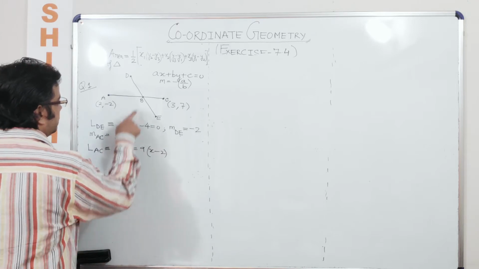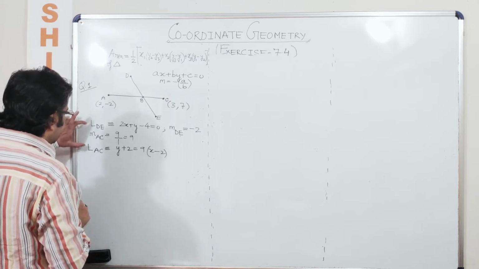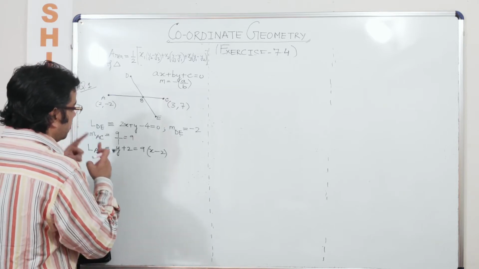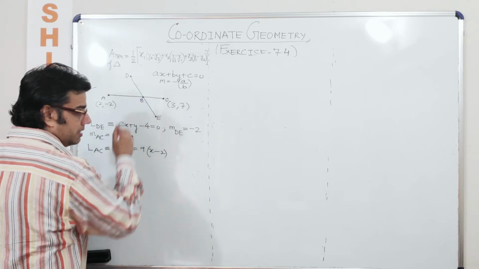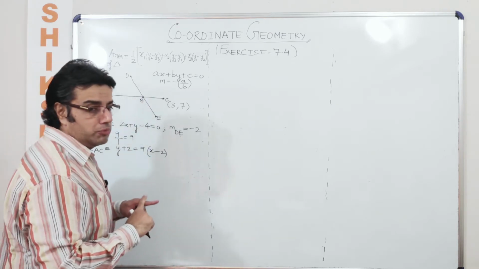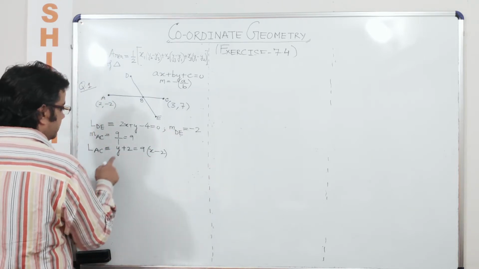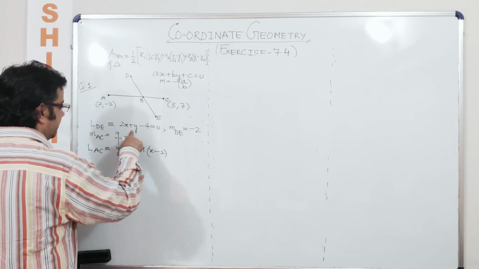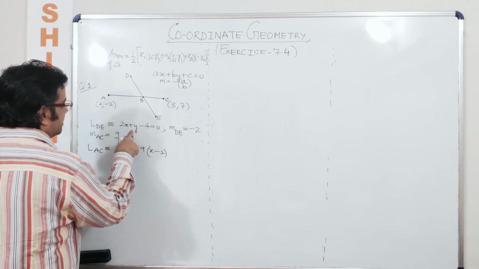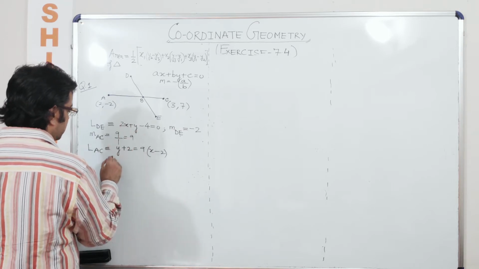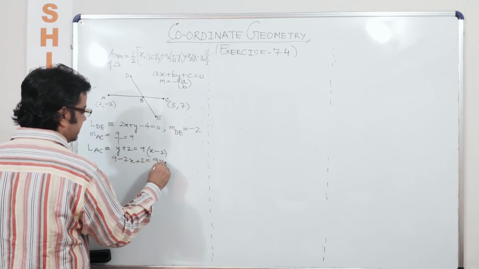Solving these 2 equations as simultaneous equations, the common solution is nothing but B, which is the point of intersection of the 2 lines. So if I substitute the value of y from here, y is nothing but 4 minus 2x, so 4 minus 2x plus 2 is equal to 9x minus 18.